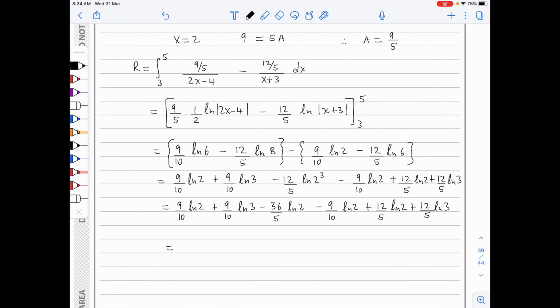And if we do the calculations here, we should be getting 33 over 10 ln 3 minus 24 over 5 ln 2. So we have to match the form of the answer requested in this equation.